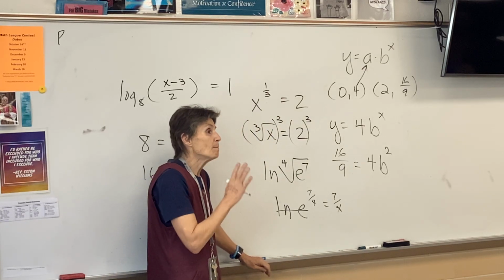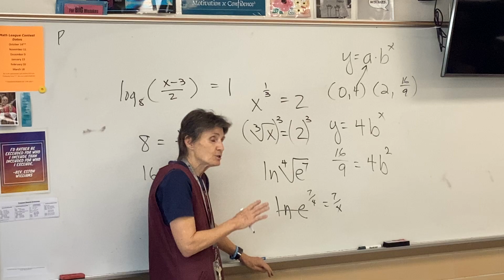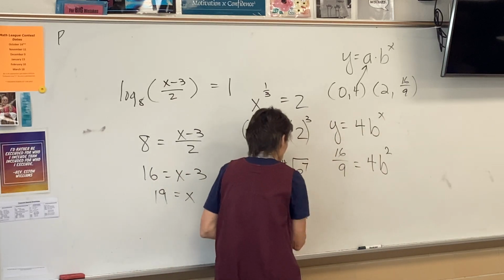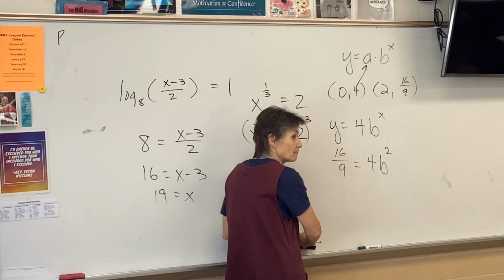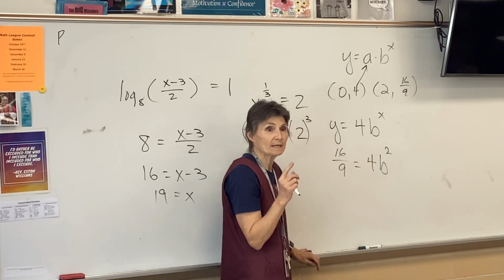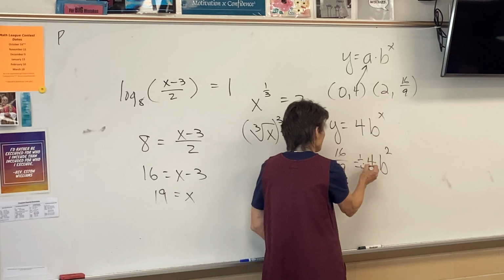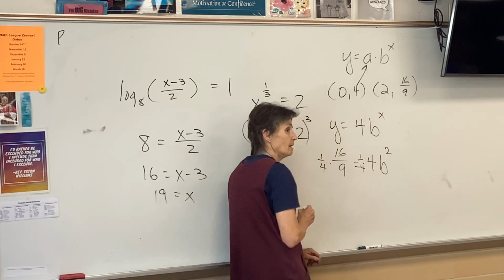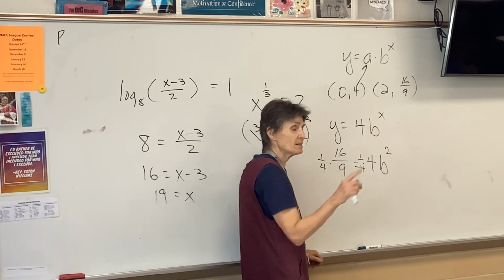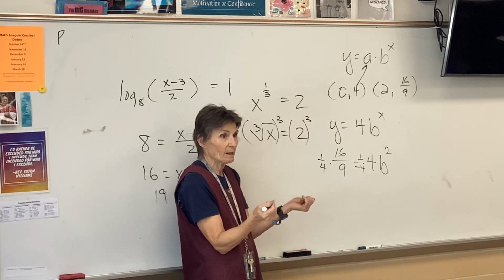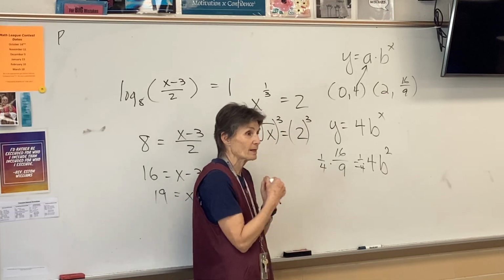Now, some of you just freak out in a situation like this. We need to get rid of that 4, don't we? Yeah. So one option is we can divide. Another option is we can multiply by a 4th. Now you figure it out. You can do either one, but it's easier to multiply by the reciprocal since that's a fraction.